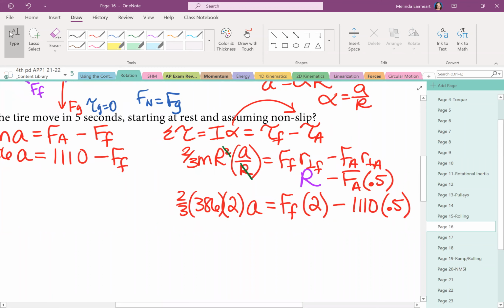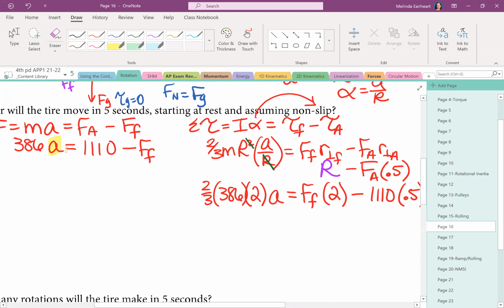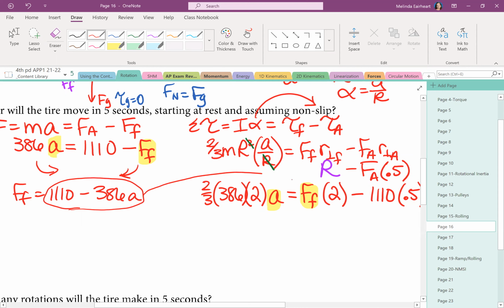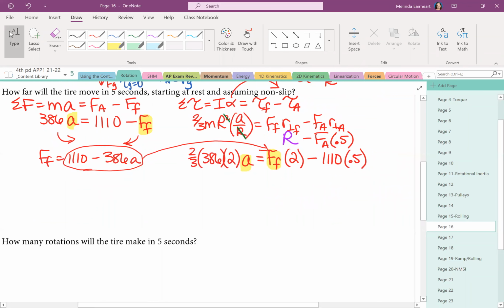But at the end, notice we've got 2 unknowns in both equations. We want acceleration to continue our kinematics. So what if we solve the force equation for friction? And then we can plug that into our torque statement. So we'll plug that in right there. Everyone with me?